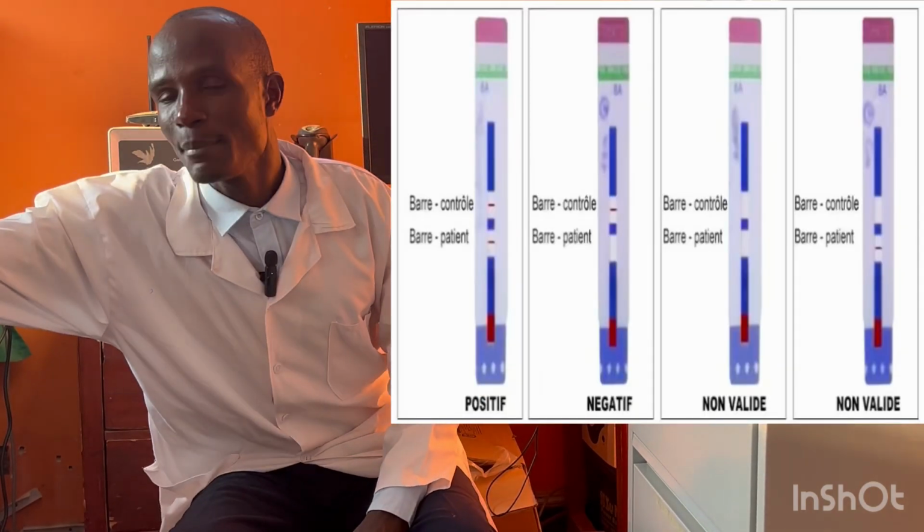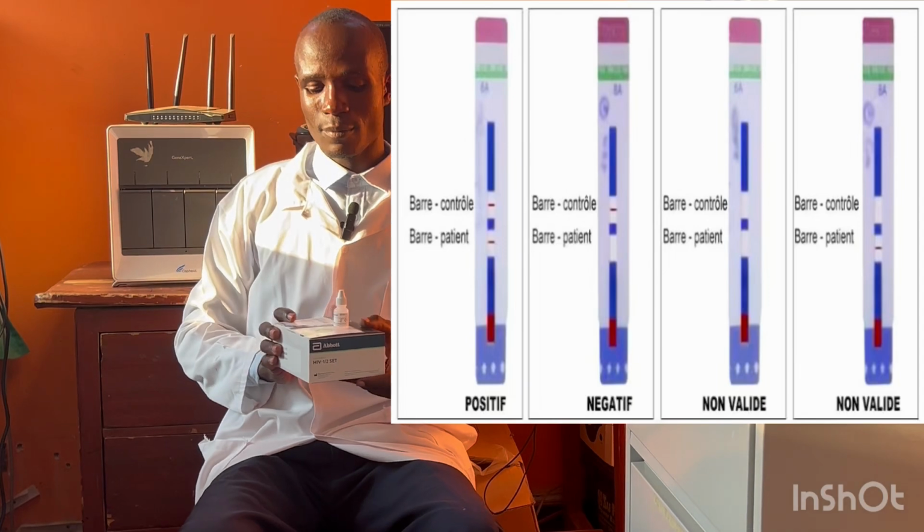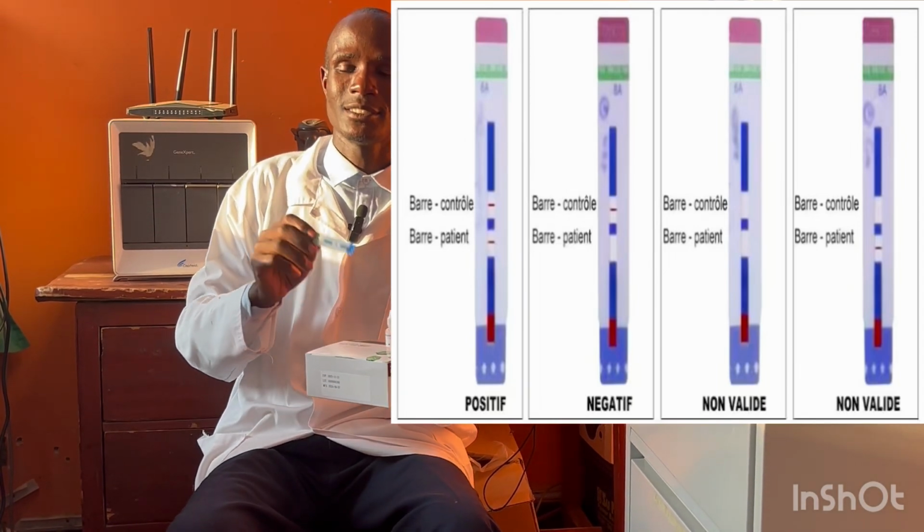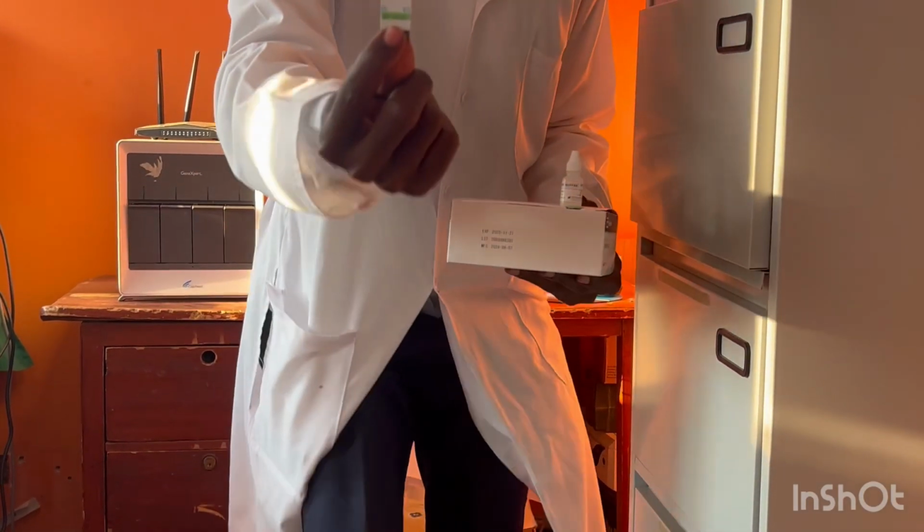So, number 1, I'll begin with Determine. This is the commonly used strip for screening HIV. I think if you look clearly, that is how it looks. I believe most of us have used it.